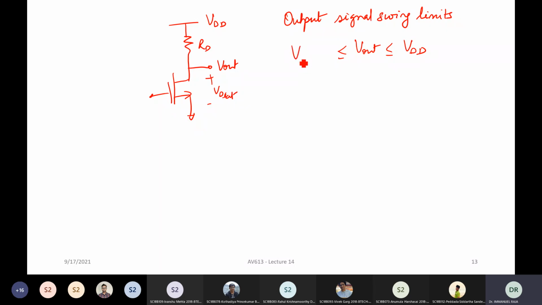So the lowest signal is basically the VD sat of your transistor. So this is the signal swing limit. You can say that the signal can swing from VDD all the way down to VD sat, where this is your ground.